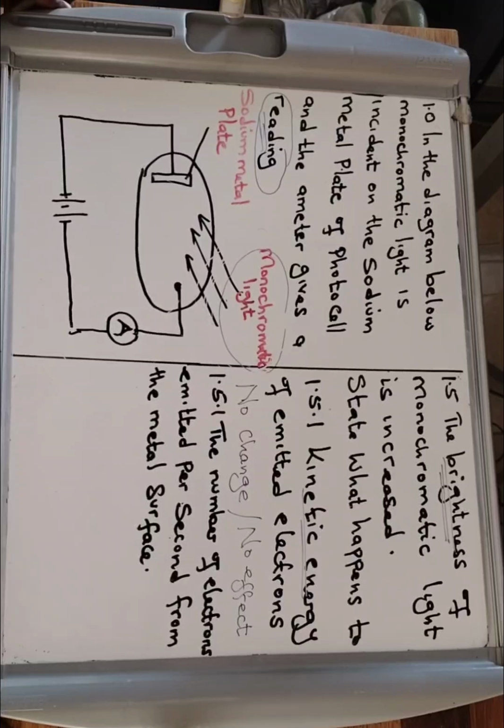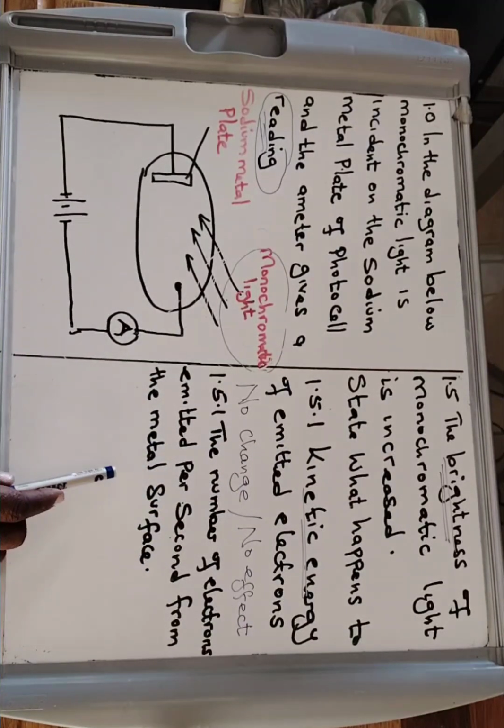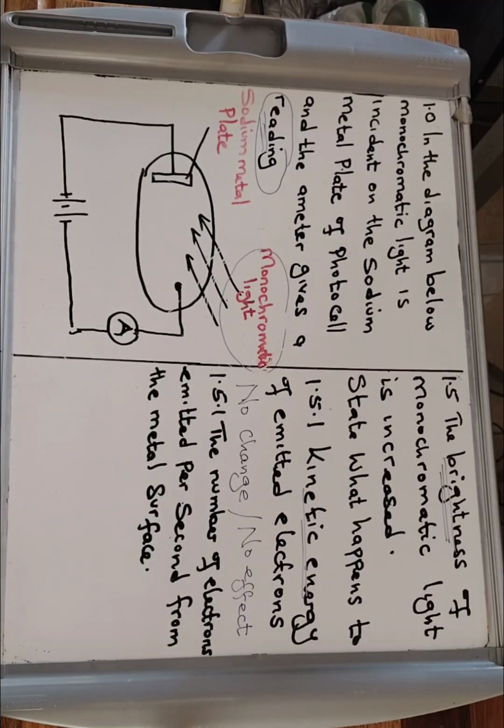Then comes the next question. It says, what is the effect on the number of electrons emitted per second from the metal surface when the brightness is increased? So remember we said increase in brightness implies increase in intensity. Now, to answer this question, you have to know what intensity actually is.